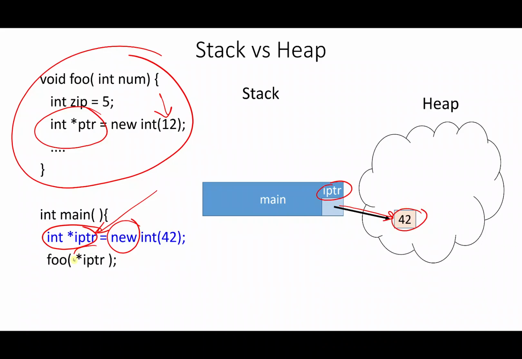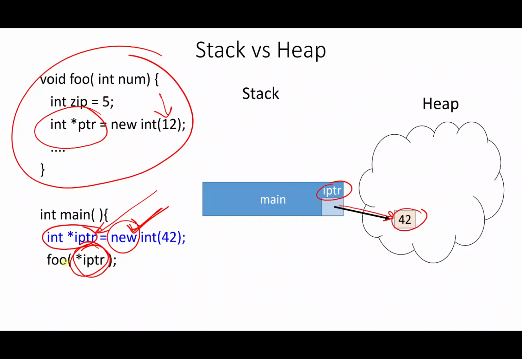Then we pass the value, which is the 42. We dereference that pointer, so we are asking for 42. And again, when we use new, we only store things in the heap. So we are dereferencing iptr, which means we are actually accessing the 42 and passing the 42 to foo.